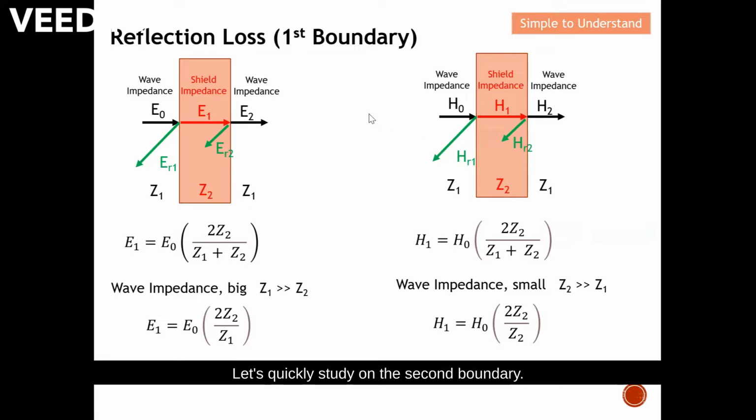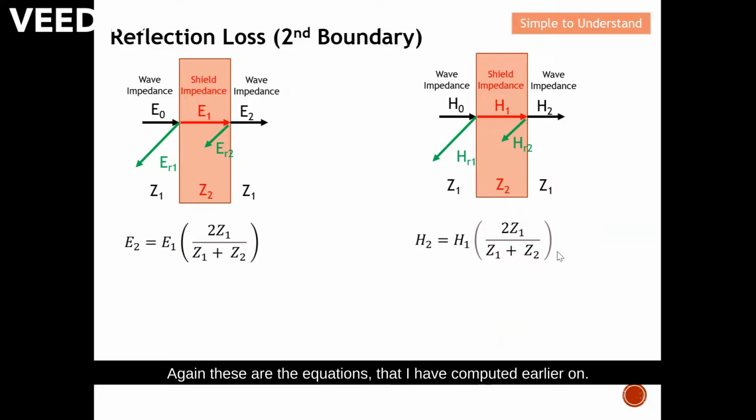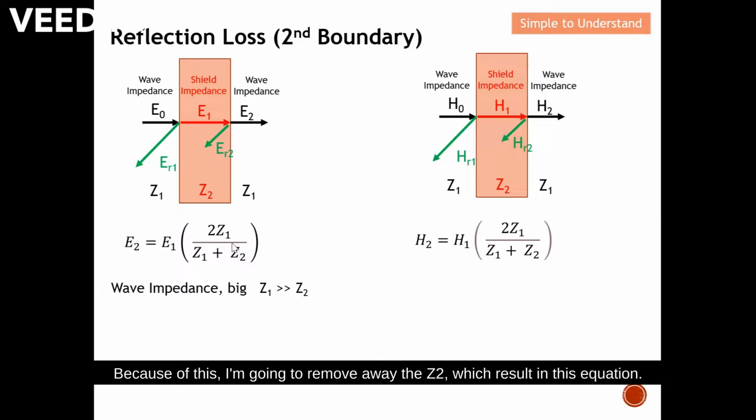Let's quickly study the second boundary. Again, these are the equations that I have computed earlier on. The wave impedance at the second boundary will be a very large number for electric field. So I conclude that Z1 is many, many times bigger than Z2. Because of this, I'm going to remove the Z2, which results in this equation.